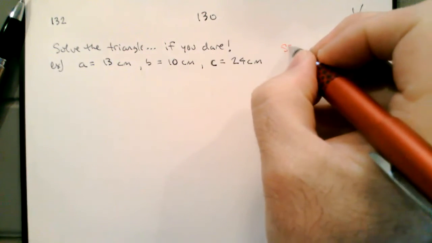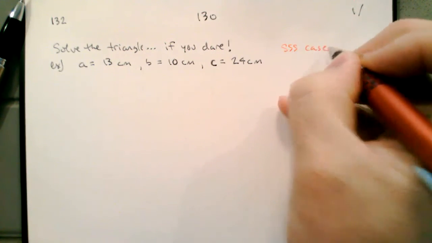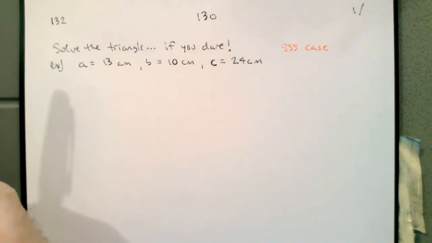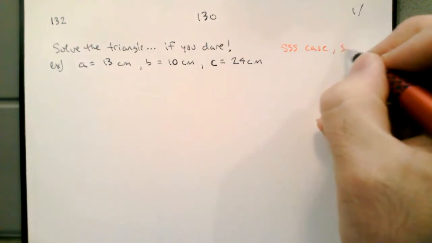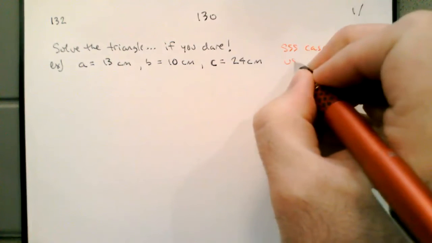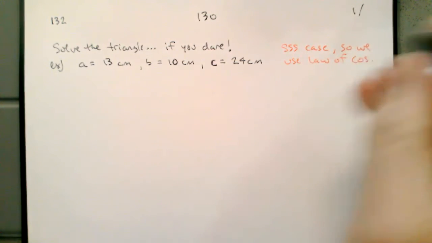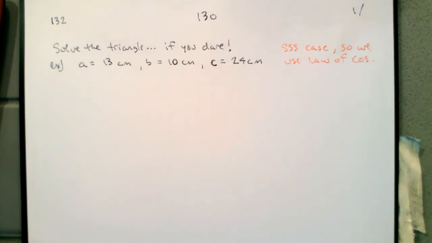Also, we have 13, 10, and 24 centimeter sides. And my general strategy is to go after the biggest side or the biggest angle first.